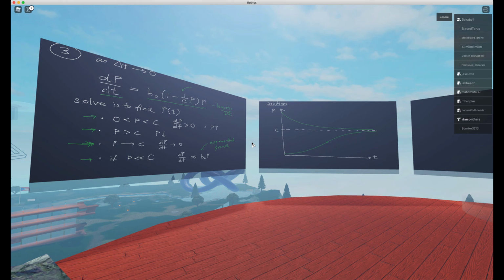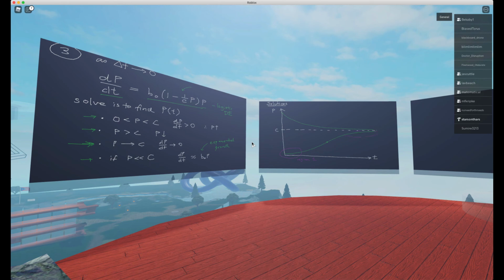Okay, so for the purposes of challenge 3A, I want to highlight 4 regions in these solutions. Oh, I meant to draw that in a different color. It doesn't matter. Okay, so this is region 1. So here's initial growth for a solution which is less than the carrying capacity.